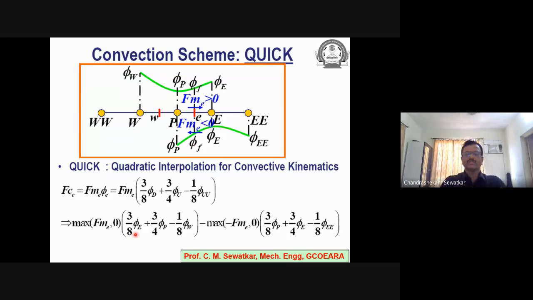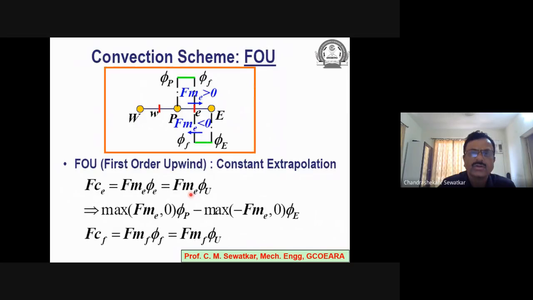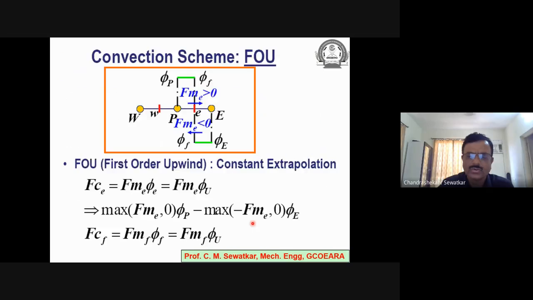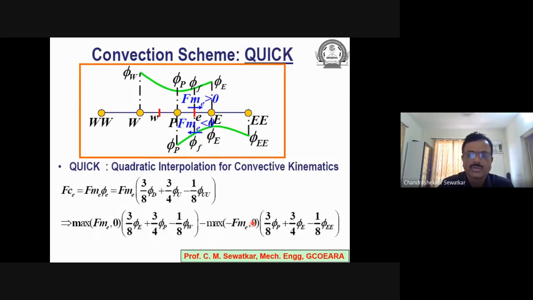The same thing we can do for QUICK convection scheme. For the QUICK convection scheme, we have derived the expression already. This is the expression: 3 by 8 of phi d, 6 by 8 of phi u, and 1 by 8 of phi uu. 6 by 8 is converted to 3 by 4.